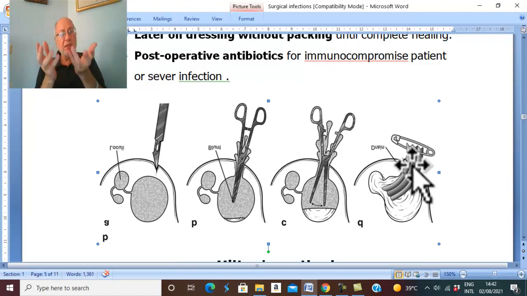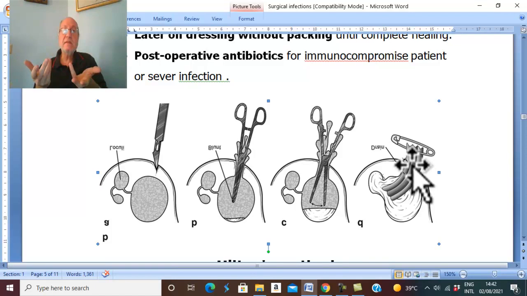Usually in most abscesses, incision and drainage is enough. But if there is an immunocompromised patient or severe infection, antibiotic can be given post-operatively. This is incision and drainage, which is the usual treatment for superficial abscess.